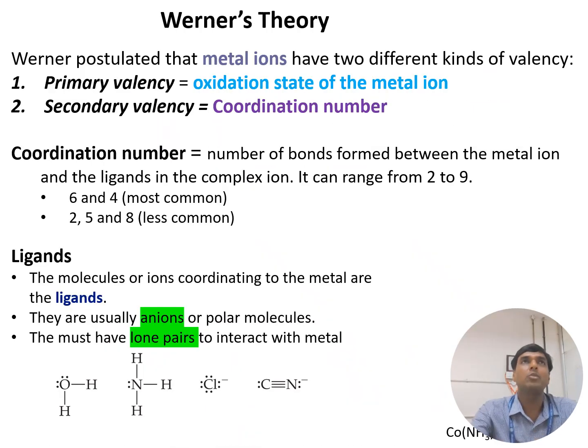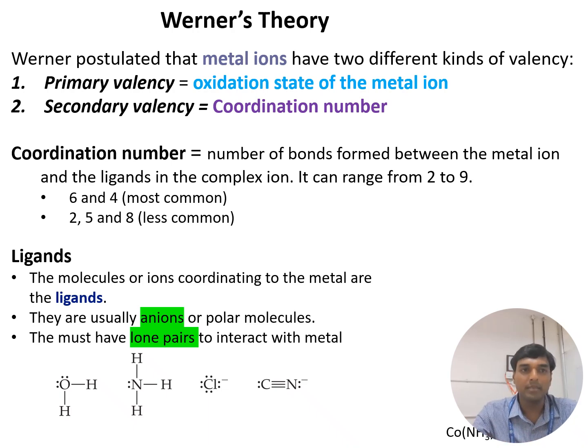First of all, let me talk about Werner's theory. Werner's theory was very famous because he gave the concept of two valencies. Primary valency means the oxidation state of the metal ion. Secondary valency means the number of ligands attached to the metal ion.